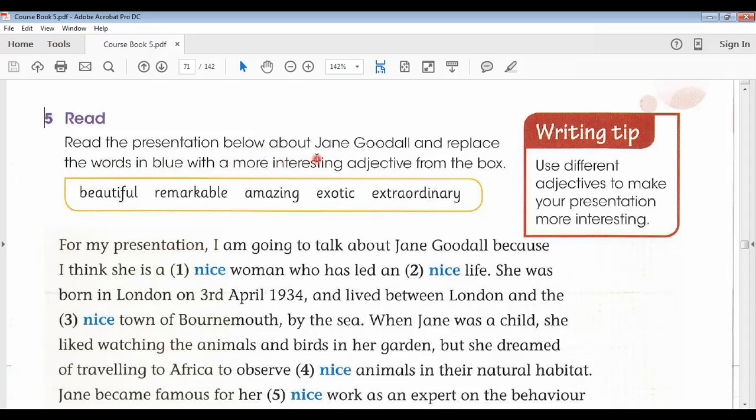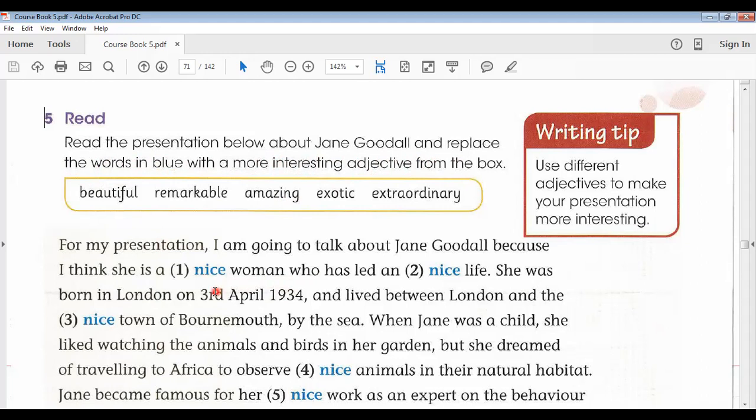Read the presentation below about Jane Goodall and replace the words in blue with more interesting adjectives from the box. I explained to the students that an adjective is a word that we use to give more information about a noun and a pronoun.